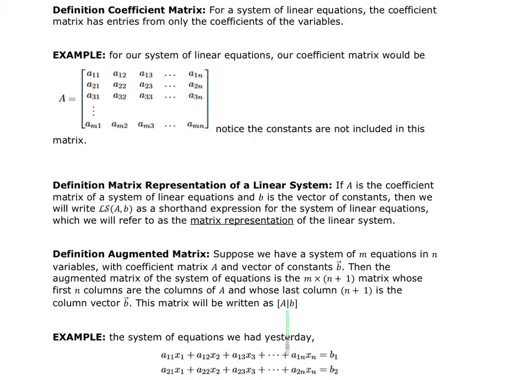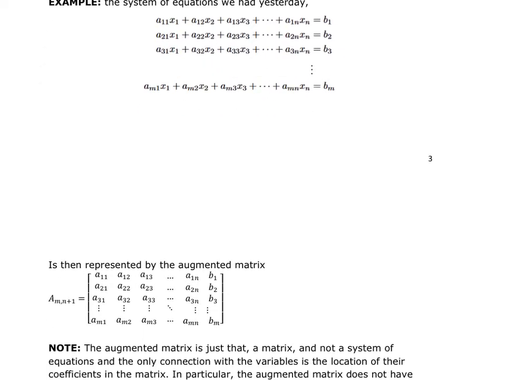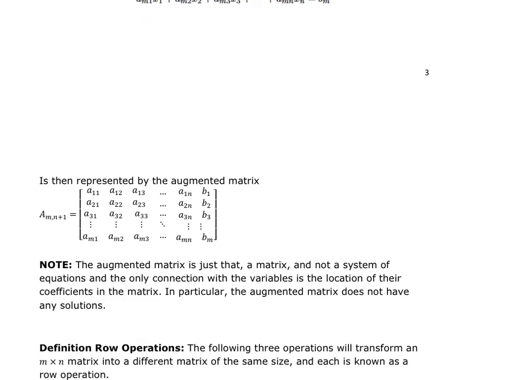Typically, we will put a bar between the coefficient matrix part and the constants. So if I look at my matrix again, what I should see by tradition is a bar right there between those two to let me know that this is an augmented matrix, and everything on the left side of that bar is all the coefficients, and everything on the right side is the constants.